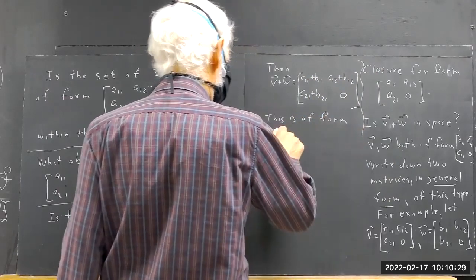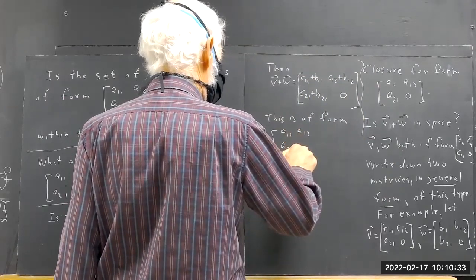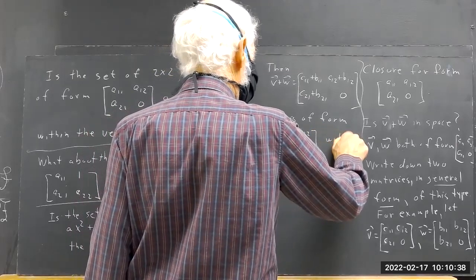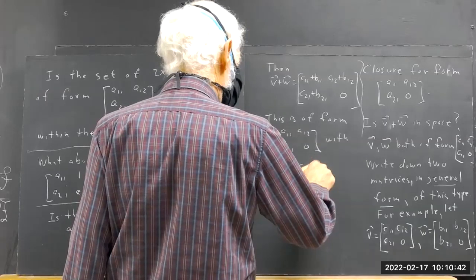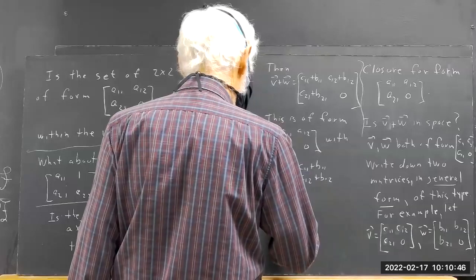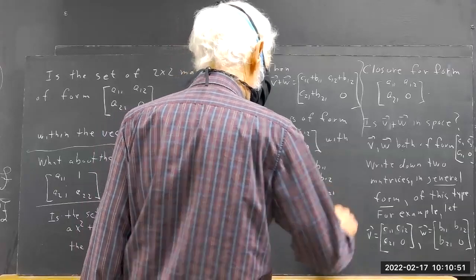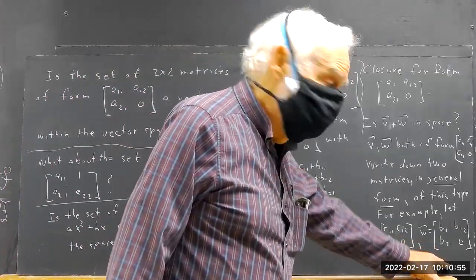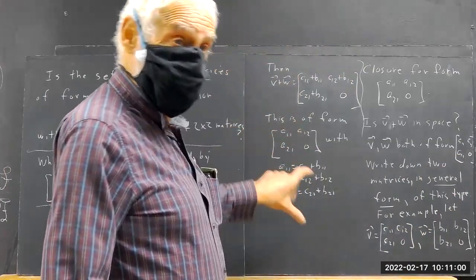And this is for the form A11, A12, A21, 0. Well, A11 equals C11 plus D11. A12 equals C12 plus D12. And A21 equals C21 plus D21. In other words, if I have two general matrices of this form, they add up to a general matrix that also has this form.